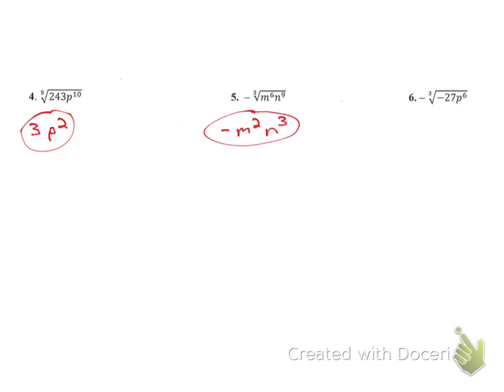Good. And then number 6, what is the cube root of negative 27? Negative 3. Good. And then for p, what is 6 divided by 3? 2. So because of that negative on the outside, that becomes a positive 3p squared. Why don't you put any absolute value mark?